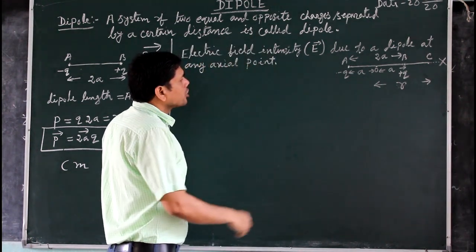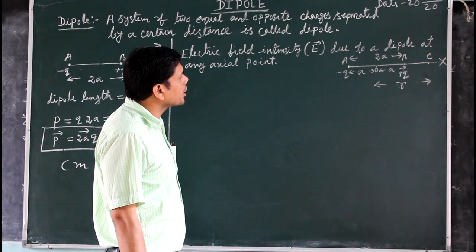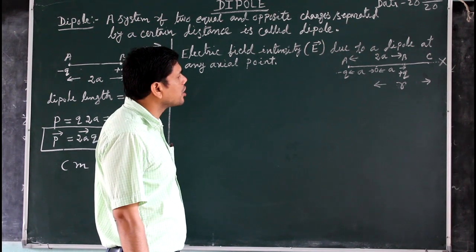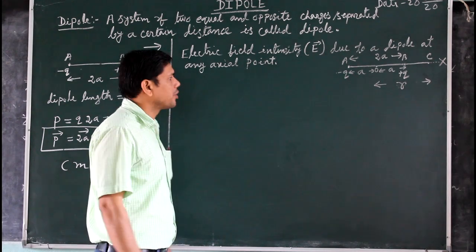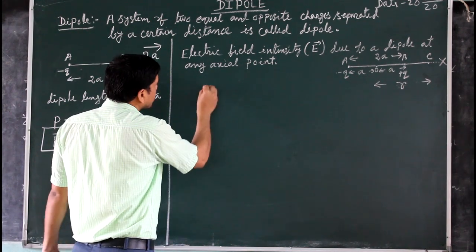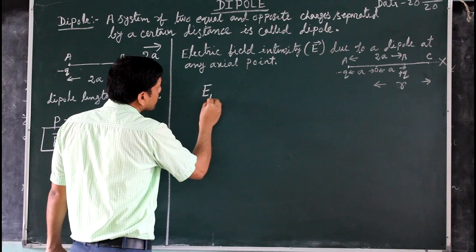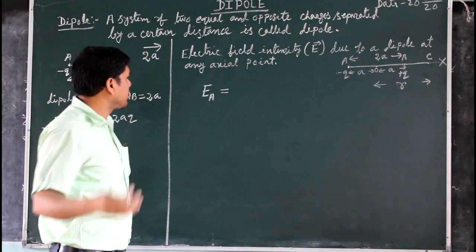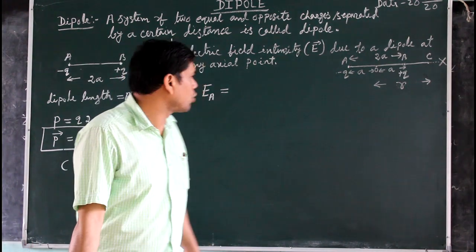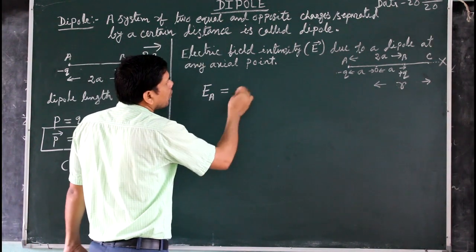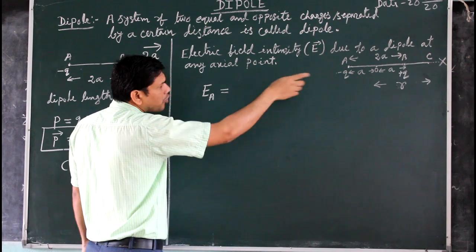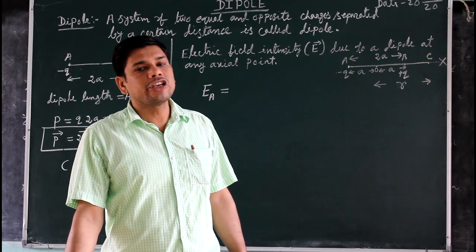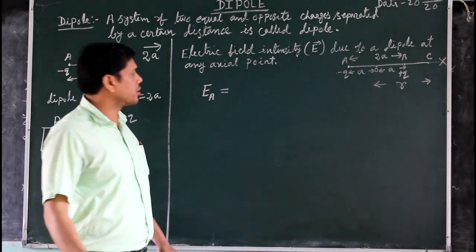Now, first we find the electric field intensity at point C due to the minus q charge present at point A. It is denoted by EA, and we are finding only the magnitude, not the direction. We have considered that this dipole is in free space, vacuum or air.